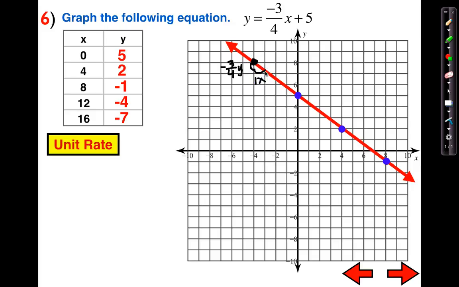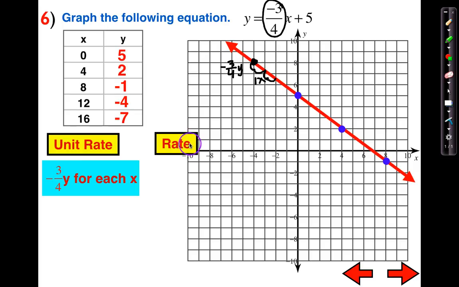Okay, again, it's dropping down 3/4 of a y for each 1x. So here I'm going to go ahead and write that down. Negative 3/4 y for each x. And so to kind of show you, I got that number by looking at our equation. This is our numerical value of the unit rate.